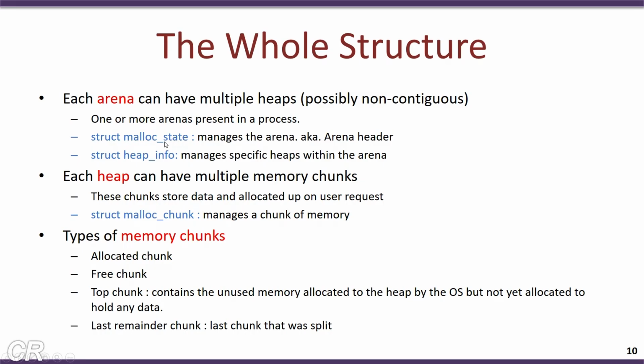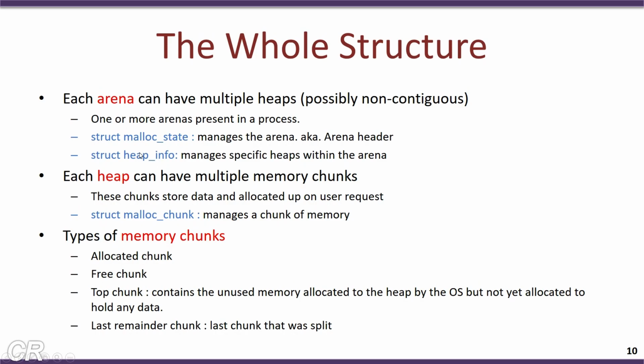The malloc_state structure is essentially used to manage the arena. So this is also known as the arena header, and it is present in memory and contains various metadata and other information to manage the arena. Similarly, in the PTMalloc2 code, you also have another structure known as heap_info.